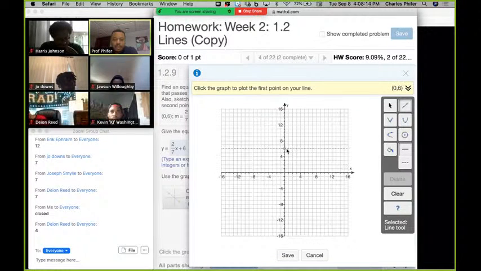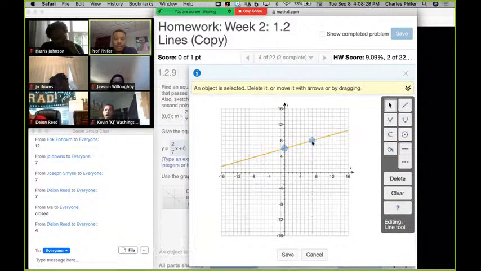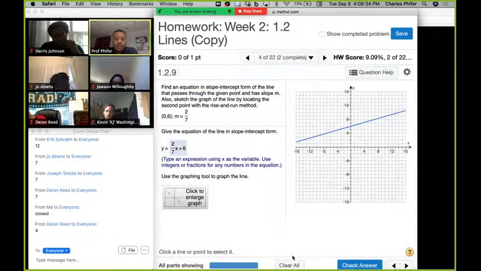Y-intercept is 6, so right here. And then we went up 2, so up to 8, and to the right by 7. So 8, 7, or 7, 8, right? I think that should be good. Let's hit save, and let's check our answer.